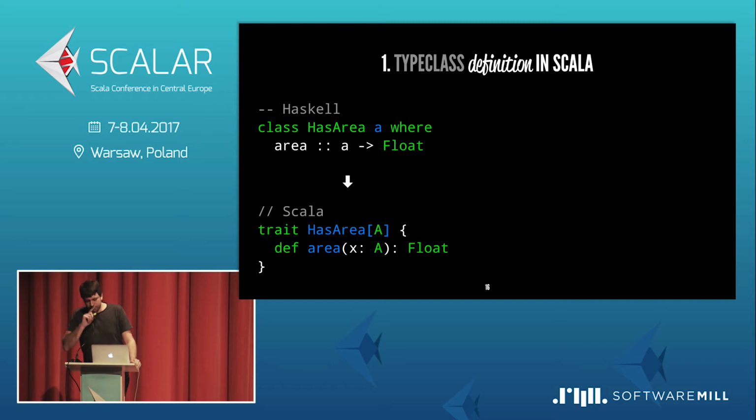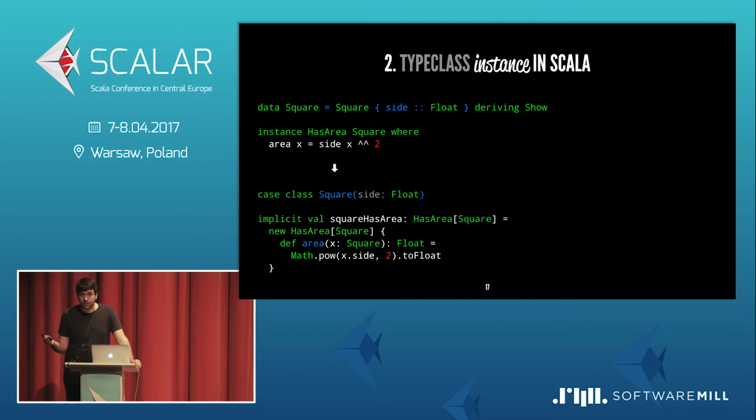So then again, we want to be able to define instances for this type class, which means which operations are supported. In Haskell, we have already looked at how that's done. Let's look at Scala. The case class is as always, but the difference here is how we provide an implementation. We're going to say that we have an hasArea of square, and here hasArea is the trait we defined before.